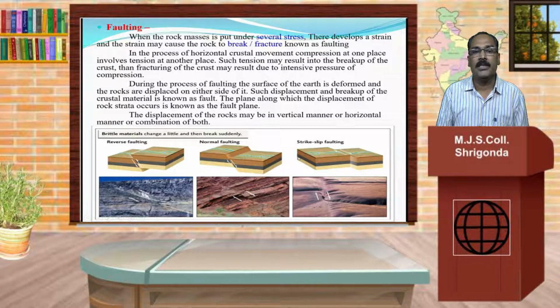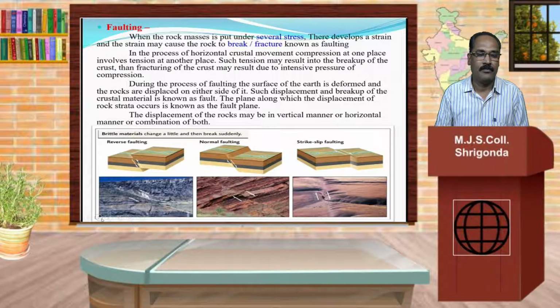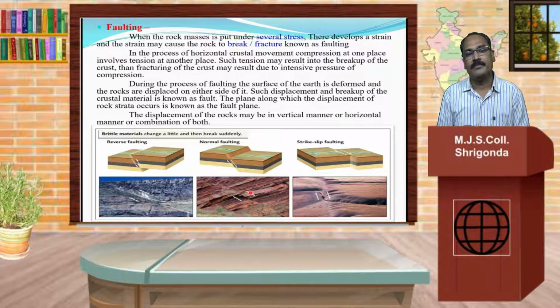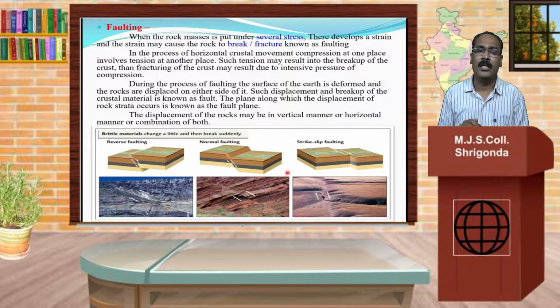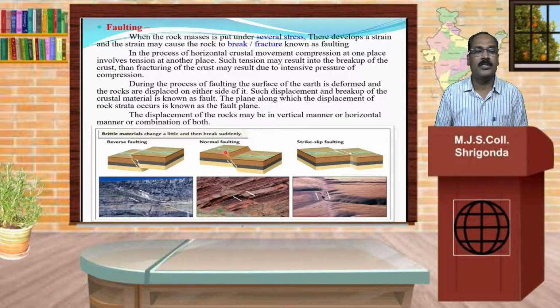The planes along which the displacement of rock strata occurs are known as fault planes. Here, these are the fault planes. The displacement of rocks may be in a vertical manner, a horizontal manner, or a combination of both.